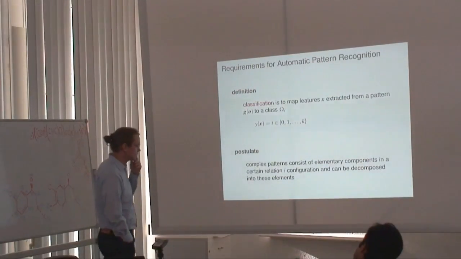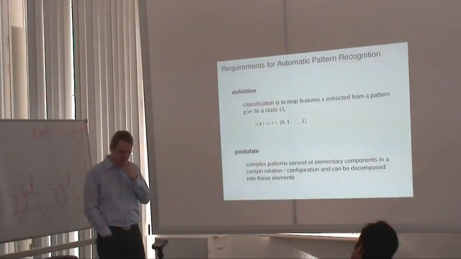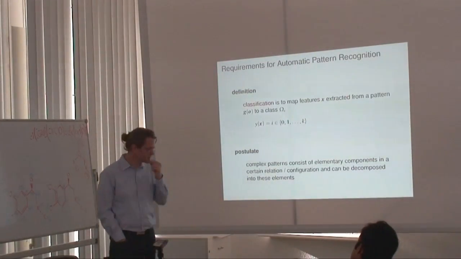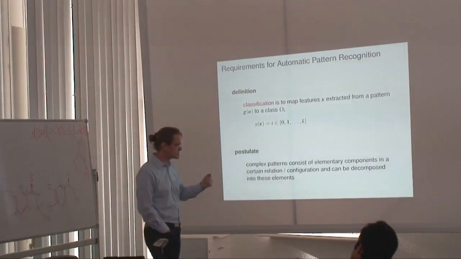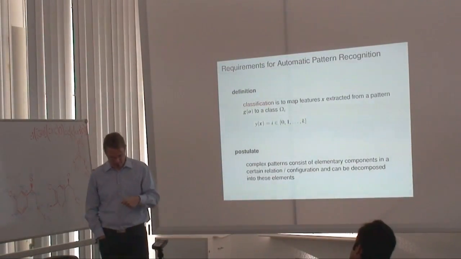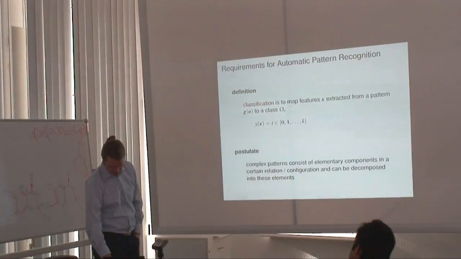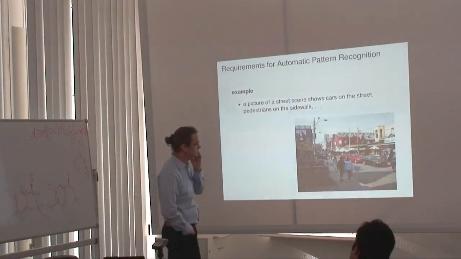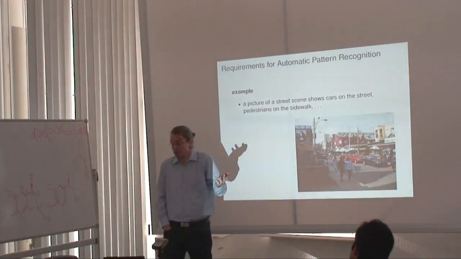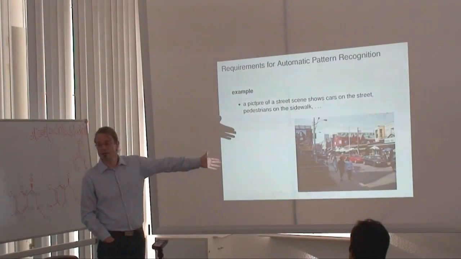And if a pattern is complex, we say that it consists of elementary components, but this is not in a random fashion. There are relations or configurations to which these components have to adhere. And again, this is best described in terms of an example, and again, because I'm using slides and can only show sort of two-dimensional things. What is this?